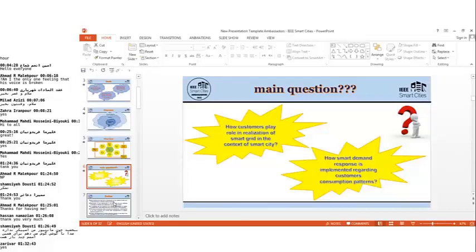As I mentioned before, a customer's role is very important in realizing a smart demand response, and it needs analyzing consumption data, using especially data-driven and data mining techniques.